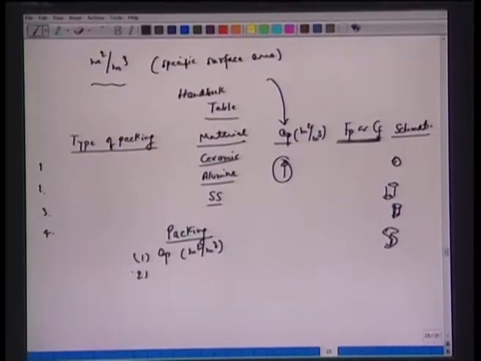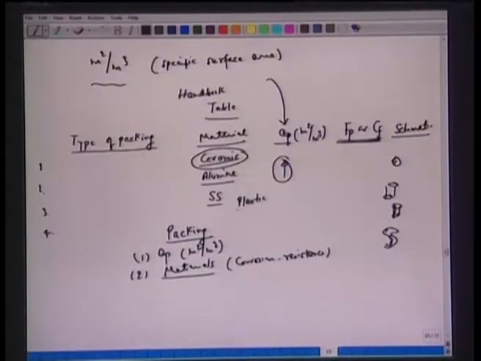But more important also is the material of construction, because depending upon the type of fluid, we must ensure that this is corrosion resistant. For example, if you use sulfur dioxide, then you will like to use ceramic, which is corrosion resistant. Okay, you can also have packing made of plastics. But if you're using sulfur dioxide, there is a strong likelihood that this plastic packing will not work. So packing specs would be AP, materials of construction.